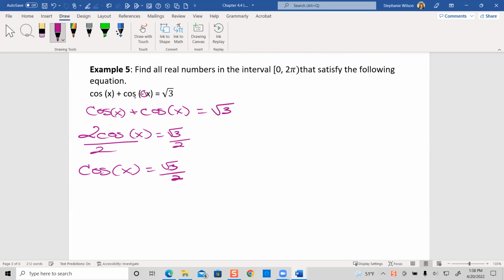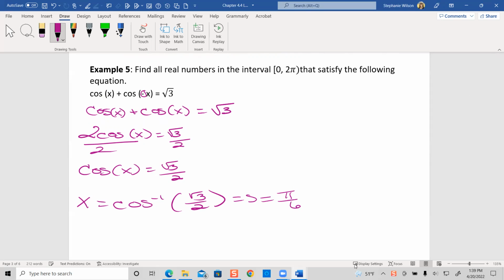And now let's find x by taking the inverse of cosine. Now that I know that, I just need to know what is cosine inverse of square root of 3 halves, and I find out that it's pi over 6. So we're good.